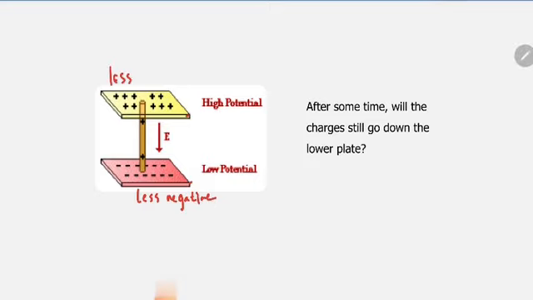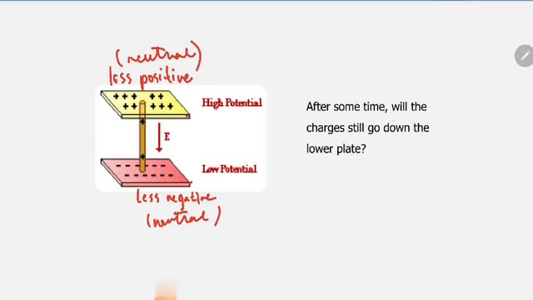Meanwhile, the upper plate will become less positive, kasi bumaba na yung mga positive charges, diba? So after some time na mayroong going down of positive charges, will this be able to continue forever, continuously? Of course not, because there will come a time that the plates will reach neutrality. Magiging neutral na yan, di ba?